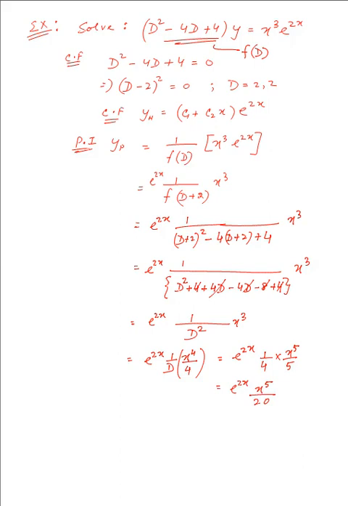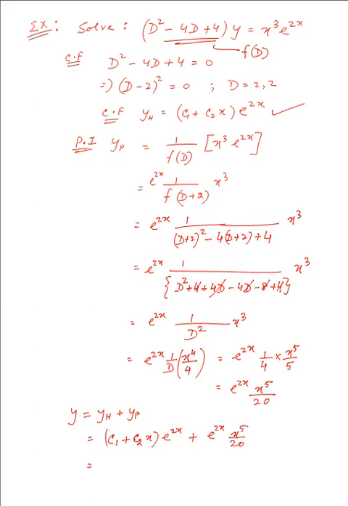As we know, the final solution y is equal to y_h plus y_p, so this is equal to y_h that we have obtained over here, that is (c1 plus c2 x) times e to the power 2x, plus e to the power 2x times x to the power 5 over 20.